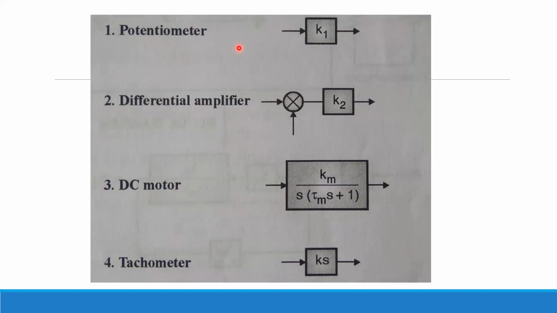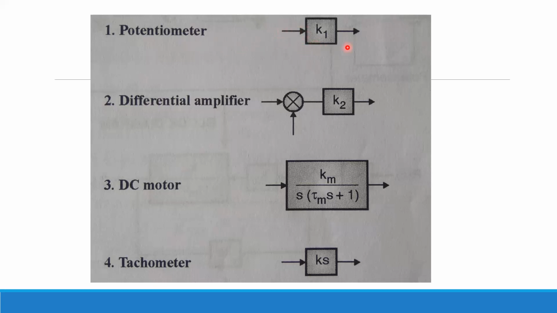So the potentiometer will be represented by a block, and its transfer function is K1. I'll be sharing the transfer functions of various physical and electrical components with you later on, but for now let's just consider these transfer functions. So the potentiometer is represented by a block.